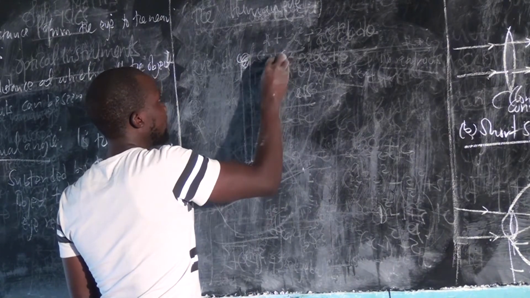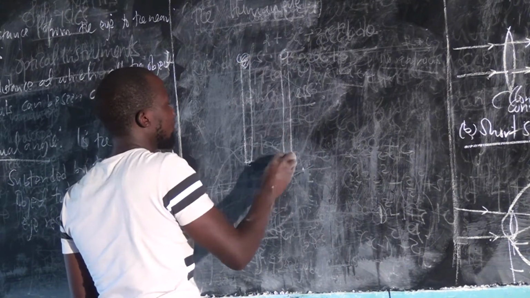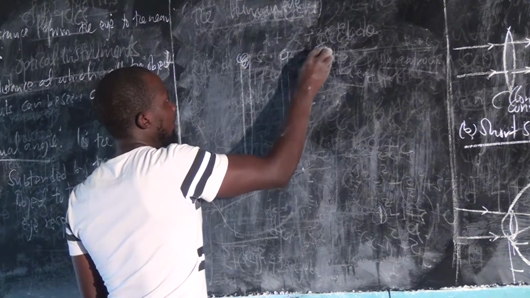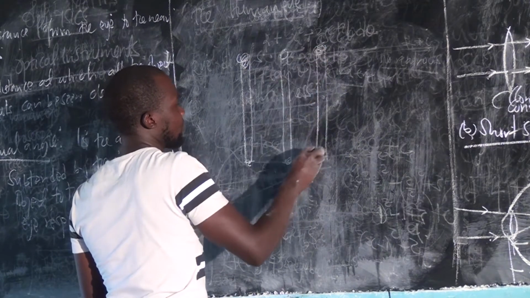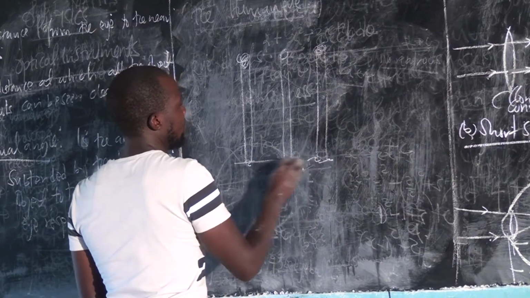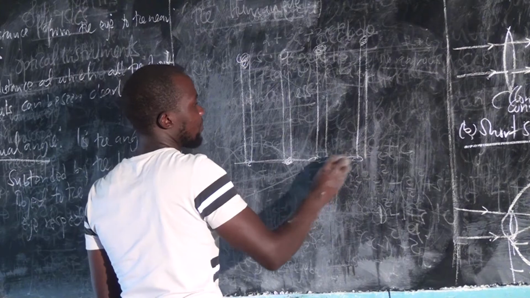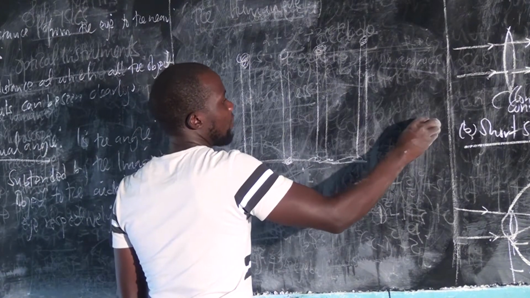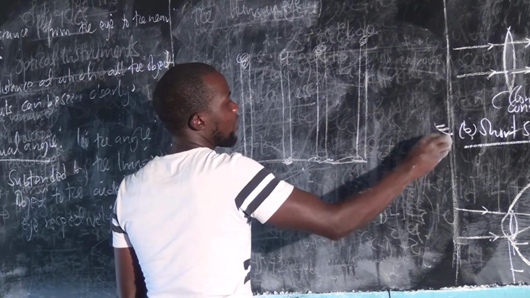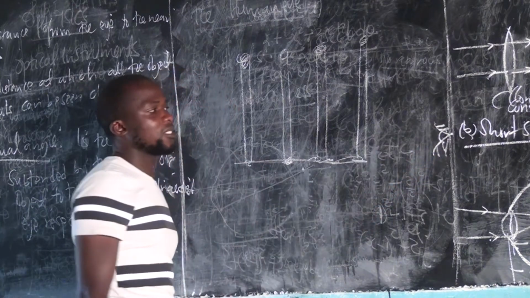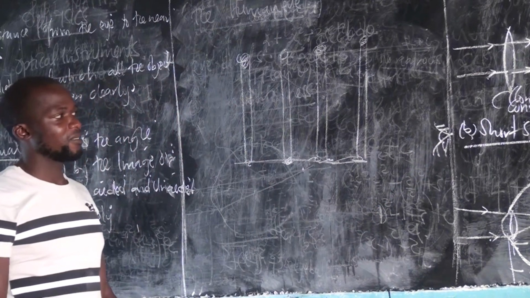I had different trees, they are of the same size. These are trees of the same size. But to some human being that is somewhere here, these trees are seen.